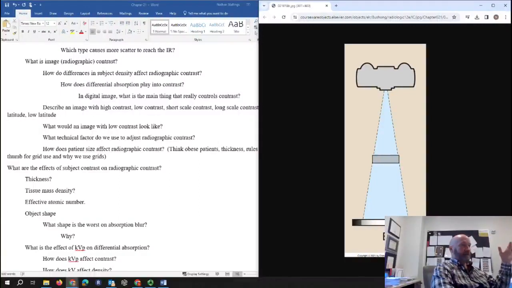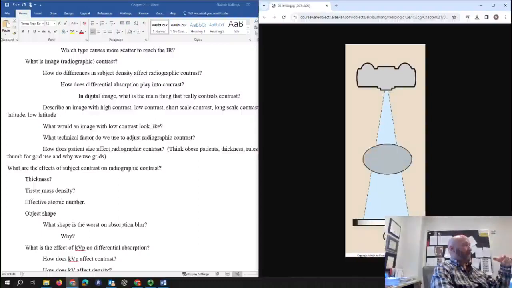It's not just the loss of sharpness for recorded detail, but also loss of contrast because of the shape of the structure. If we again have a round structure, it's going to be even worse because we've got a very thin area that we would have to penetrate, and it continues to get thicker and thicker. So that's going to not only have a loss of sharpness for recorded detail because we have areas that we can't get close to the image receptor, but we've also got a graded scale of contrast going from the thinnest area to the thickest area.